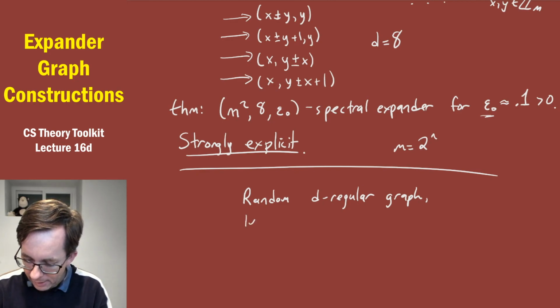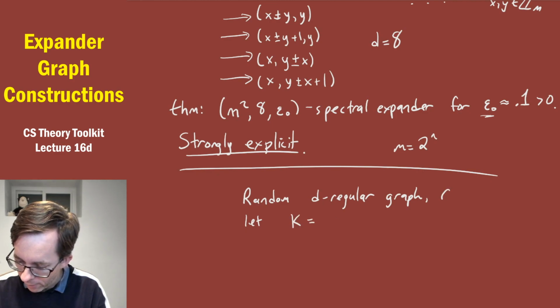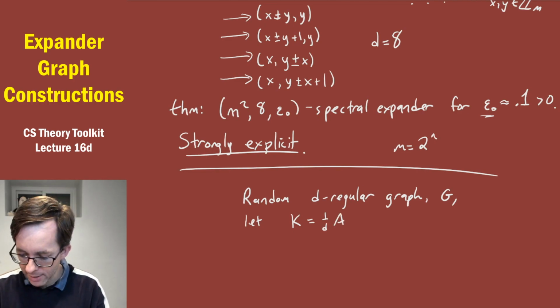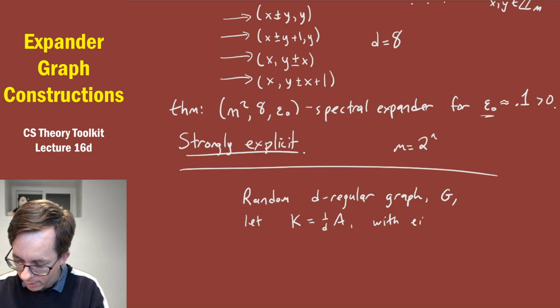In a random d-regular graph, let K, which is, let's call it G, let K be 1 over d times the adjacency matrix A, as usual. So this, as I mentioned before, has eigenvalues 1, that's the trivial eigenvalue, kappa 0.